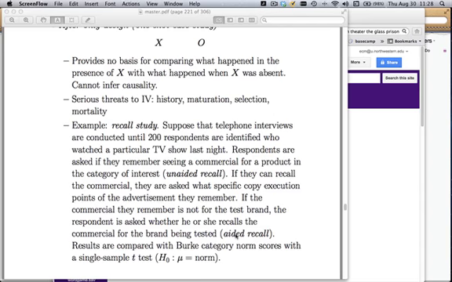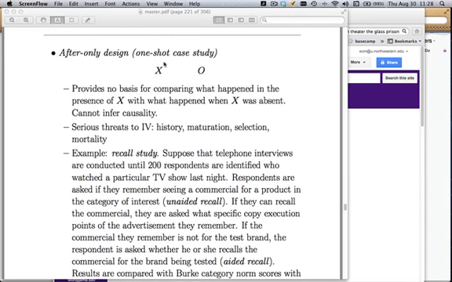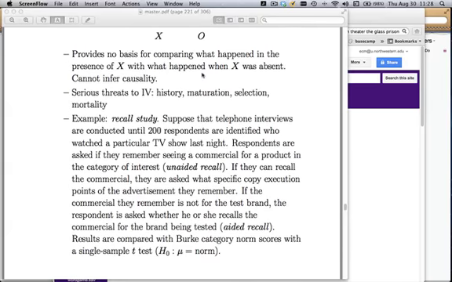Okay, so this is an example of a one-shot case study because you do something, you show the ad, and then you take a measurement. There are a variety of companies that provide norms. So you should have a recall score of such and such if it's a good ad.